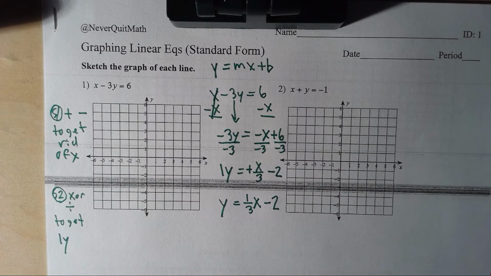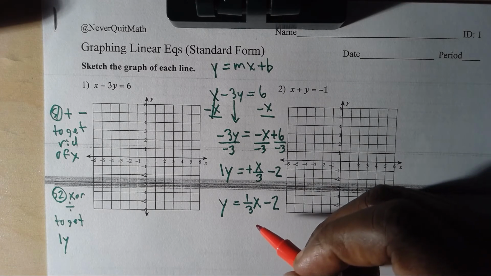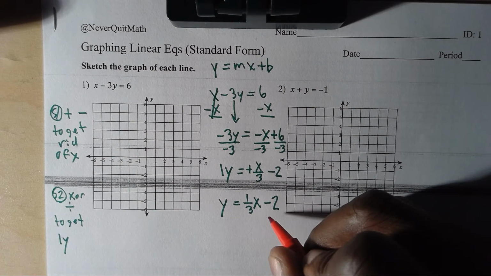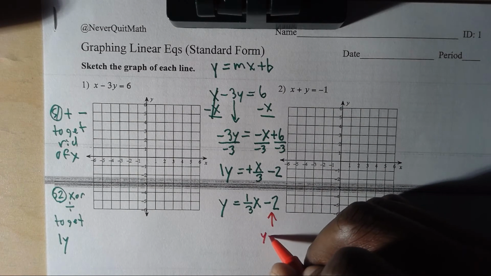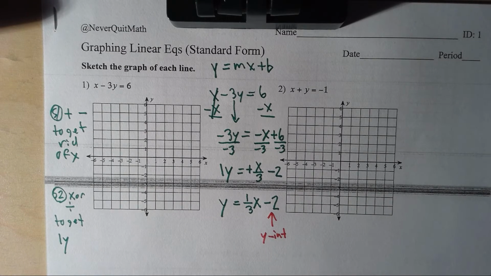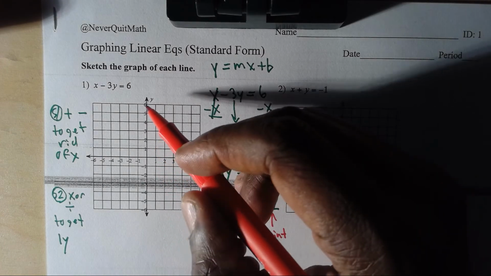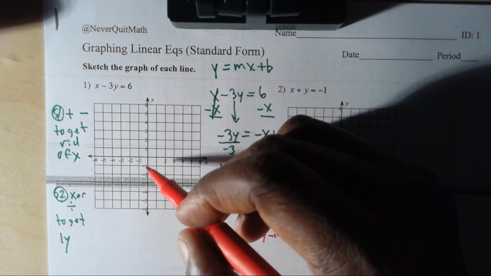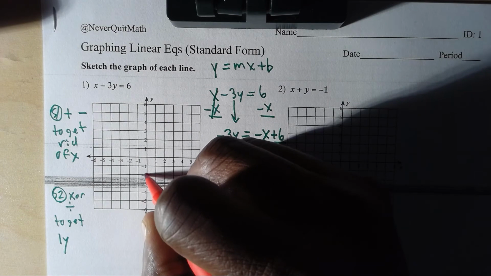All I've got to do now is graph it. Whenever I'm in slope-intercept form, the number that's by itself right here is going to be my y-intercept. That's where my line is going to intercept or run into the y-axis. So I'm going to go over to my y-axis, go down to negative 2, and plot my first point.